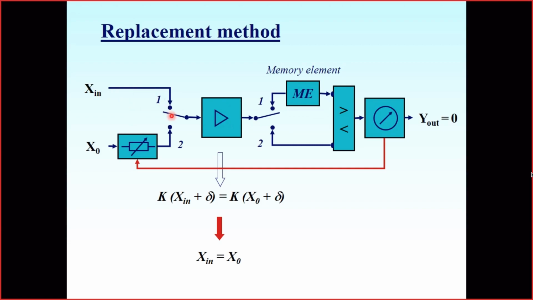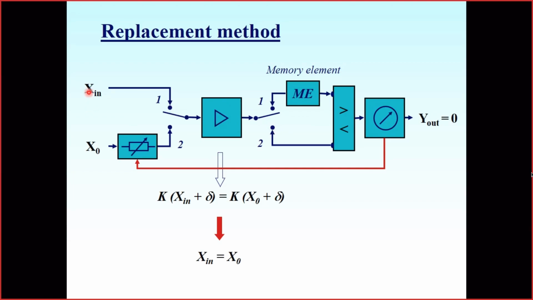We put the measured value to the input of the comparison device. Let's imagine switch 1 is closed and switch 2 is closed.